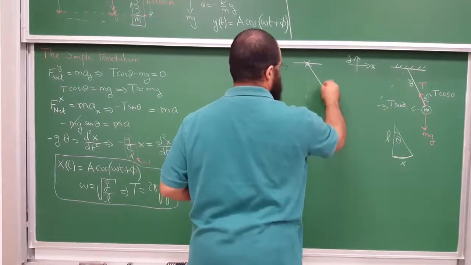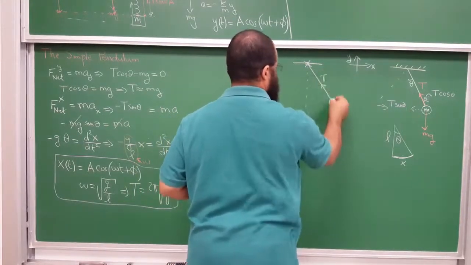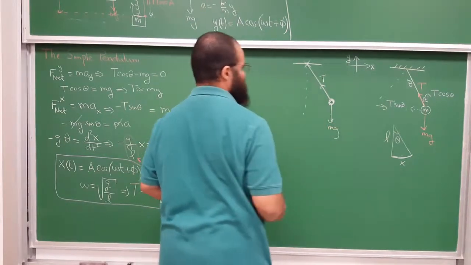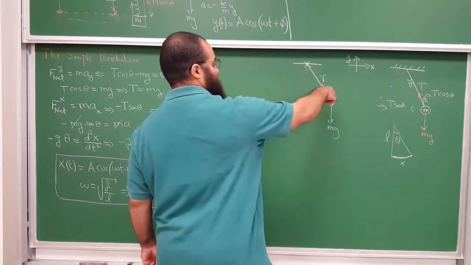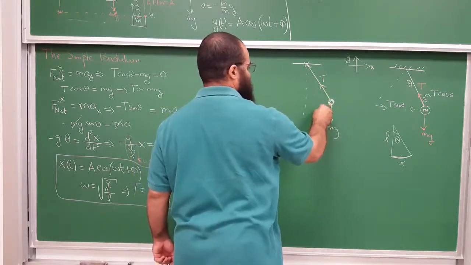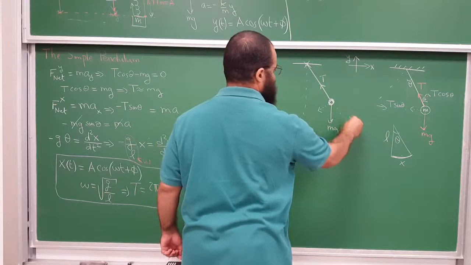And so there is the tension, and there is the mg. Now, who contributes to the torque? The tension does not contribute to the torque. Only mg contributes to the torque, right?